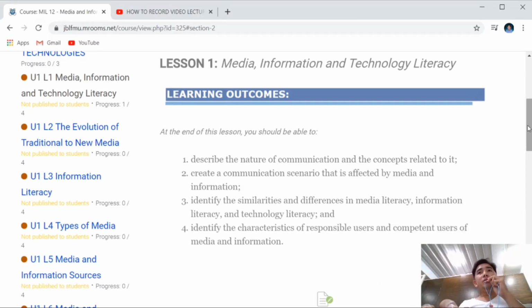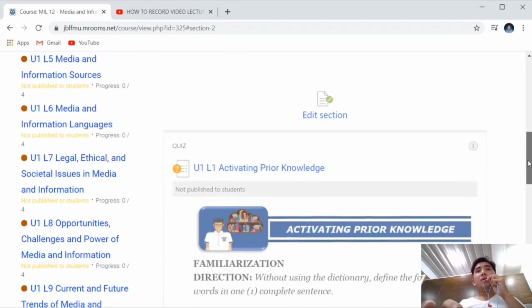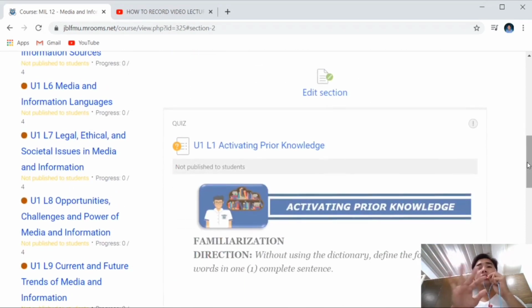So now we're going to proceed to the discussion first of the different parts of our module. The first one, every time you open your module, the first one that you're going to see is activating prior knowledge. What do you mean by activating prior knowledge?